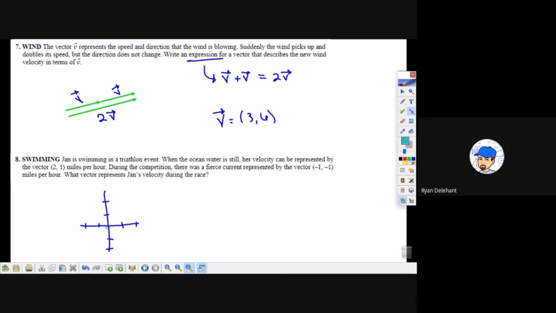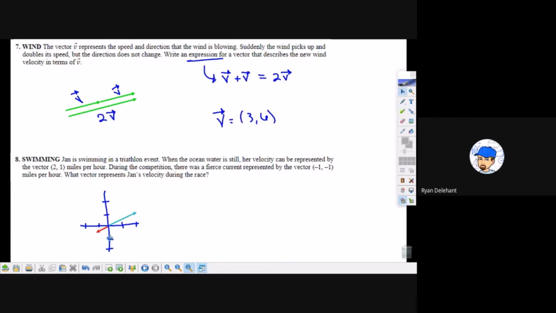So she's going like that, right? And so she's out in the ocean. During the competition, there's a fierce current represented by -1, -1. So let's actually draw the current vector. And I didn't get my line where I should have to make these exact, but it's pretty close.